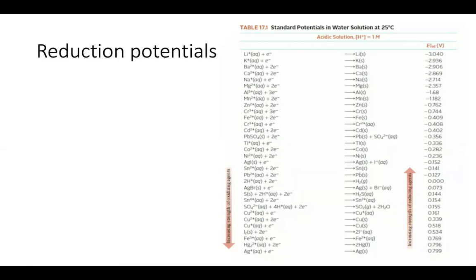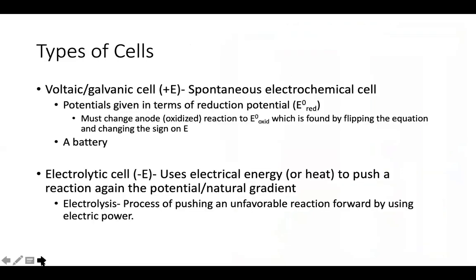One thing to note is that all of your reactions are written in terms of the reduction potential. None of them are given in terms of their oxidation potential. So you're going to have to derive that for one of your equations, and you'll do that just by flipping your oxidation equation. I do have an example coming up, so we'll look at that then.